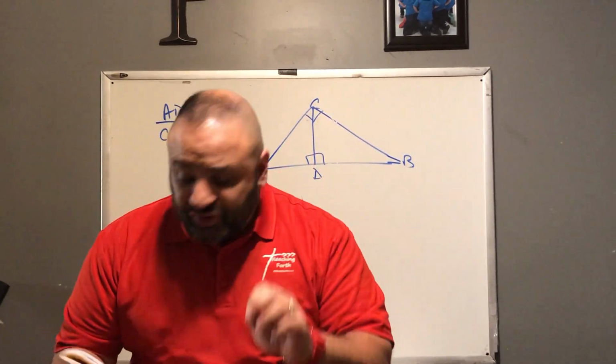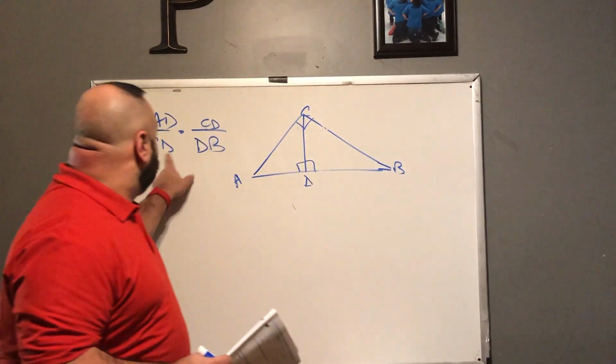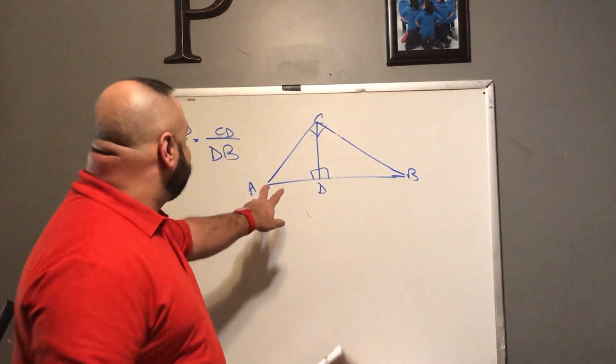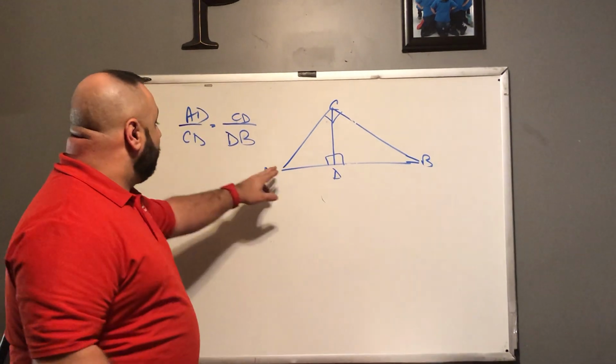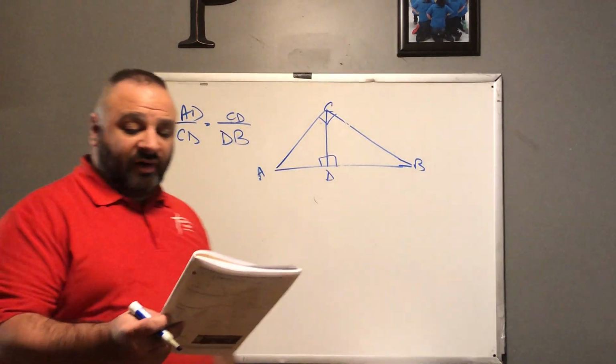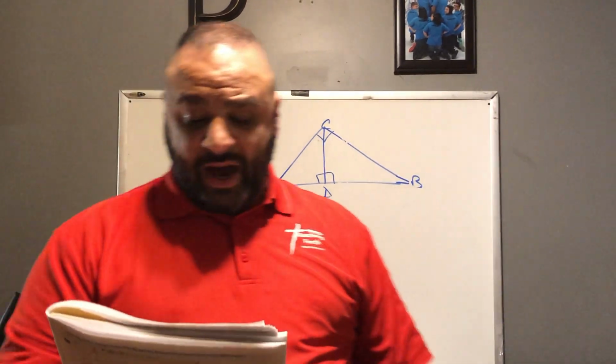So the altitude is the geometric mean between the lengths of the segments, first term, fourth term, of the segments of the hypotenuse.